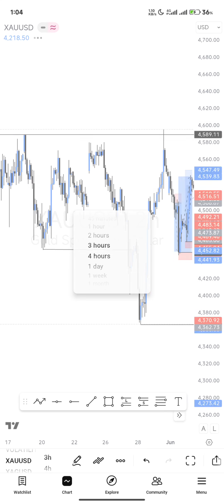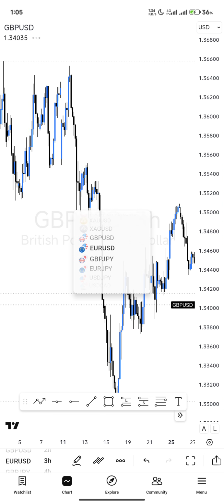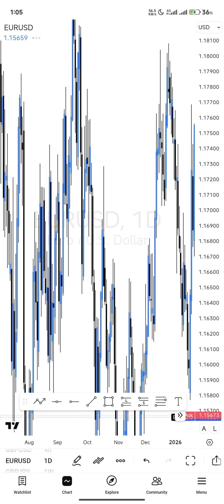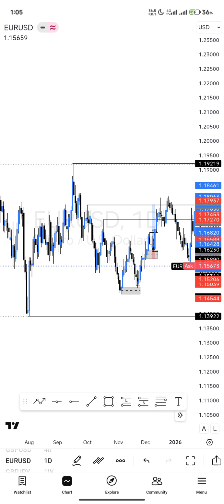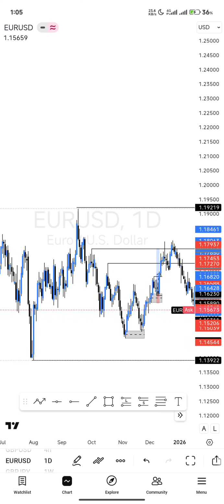So I want us to go down to, let's use a Euro USD for example, and let's use the daily time frame this time. I want us to use the daily time frame to identify order blocks.